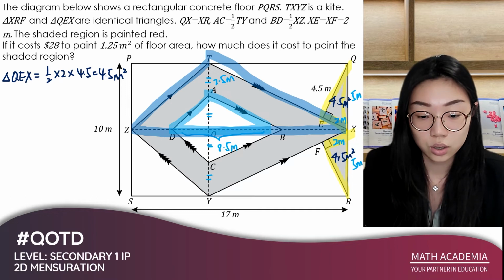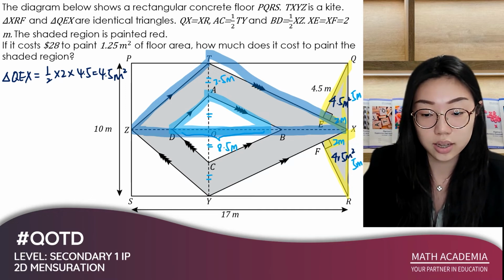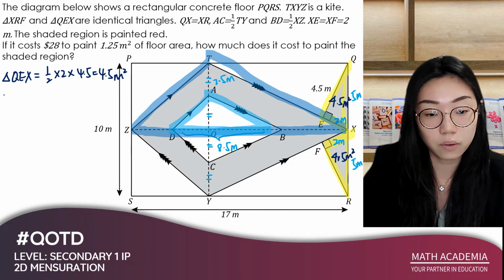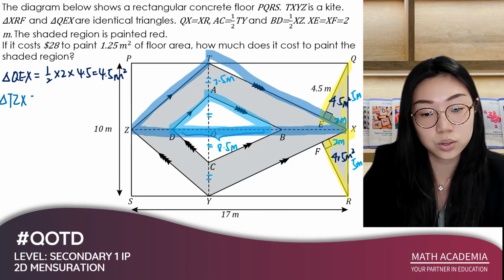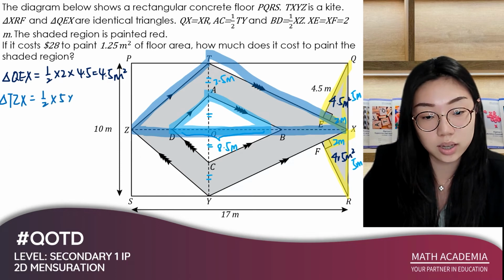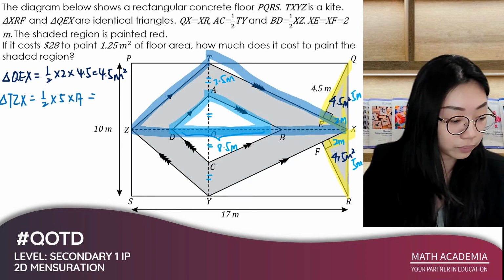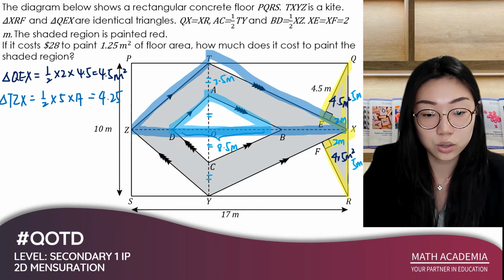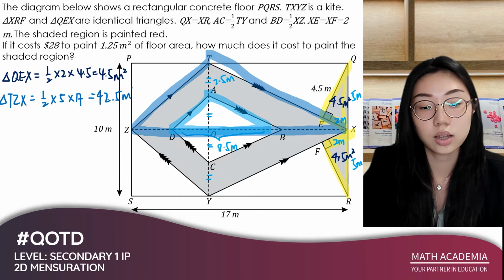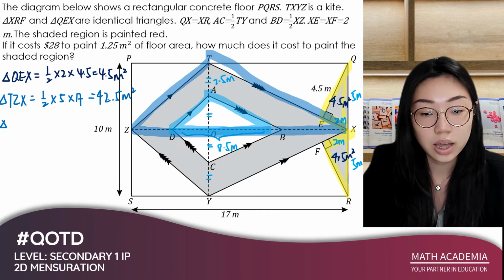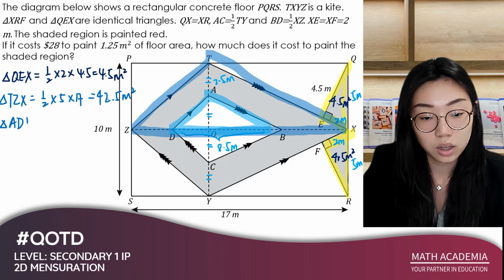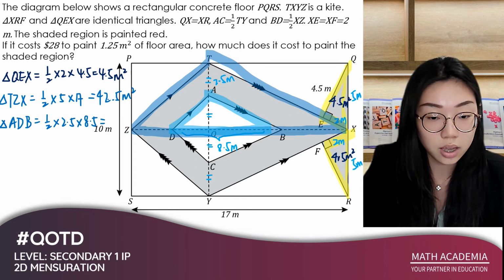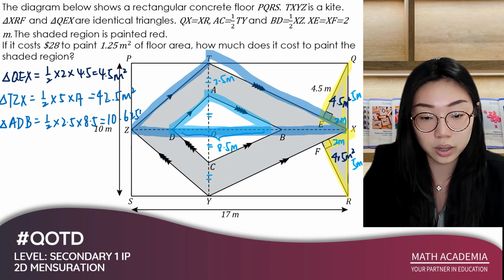All right. So the area of triangle TZX equals half times 5 times 17, which gives me 42.5 meters squared. The area of the smaller triangle ADB equals half times 2.5 times 8.5, which gives me 10.625 meters squared.